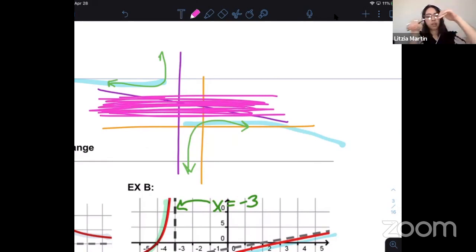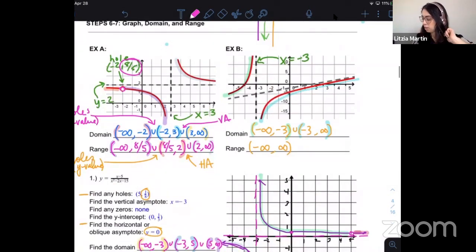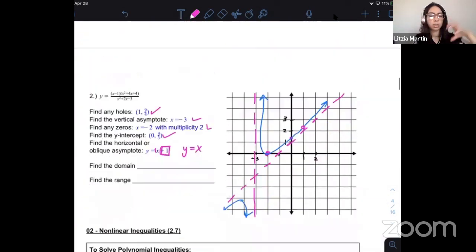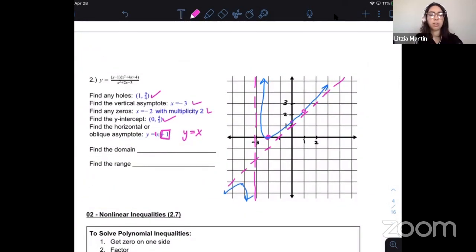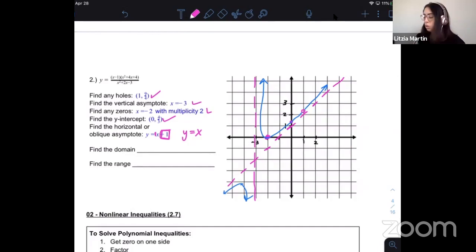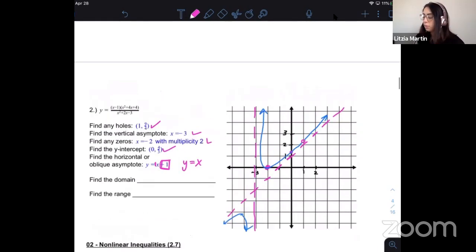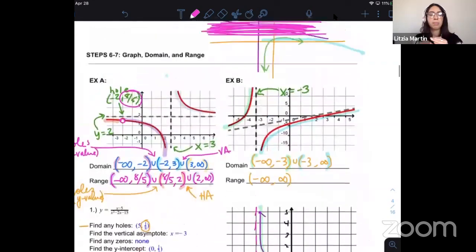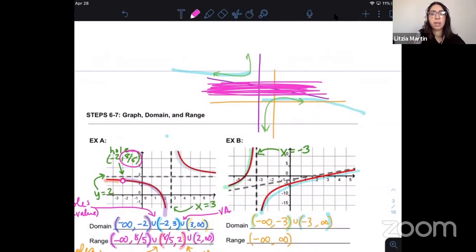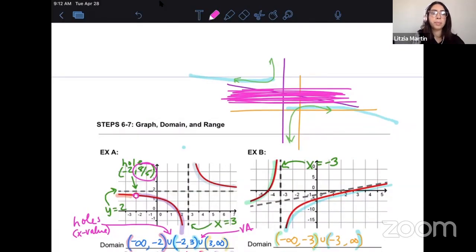It just kind of goes in different directions, and then we have this whole gap. So we're going to see an example of that here, and we're going to discuss how we figure that out. We have this gap. We want to be able to skip that part and write out what that range would be.